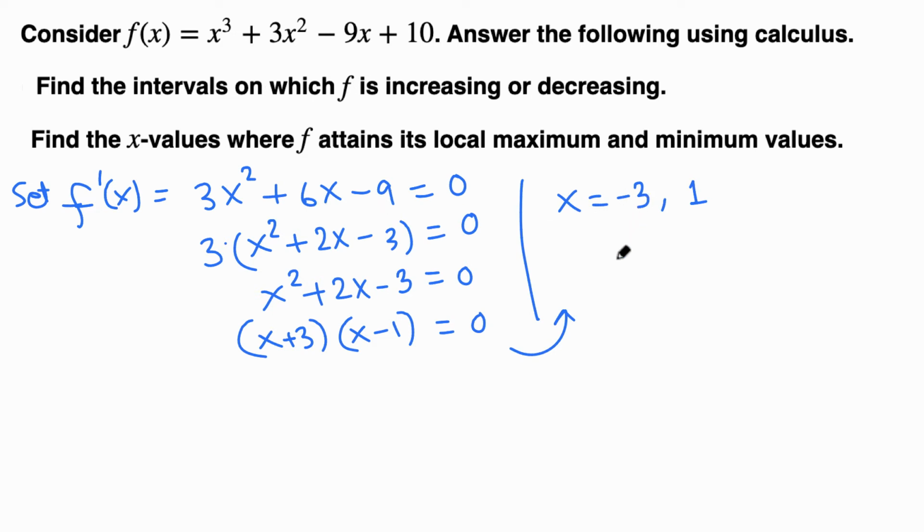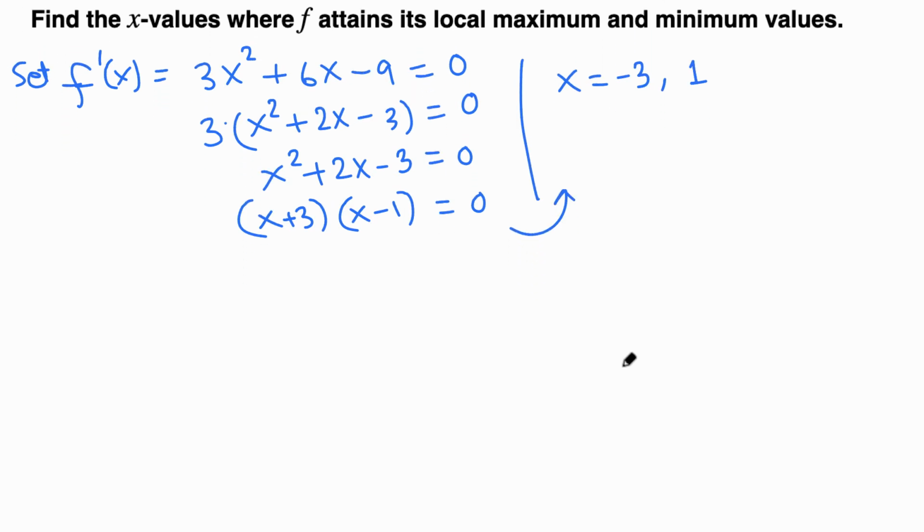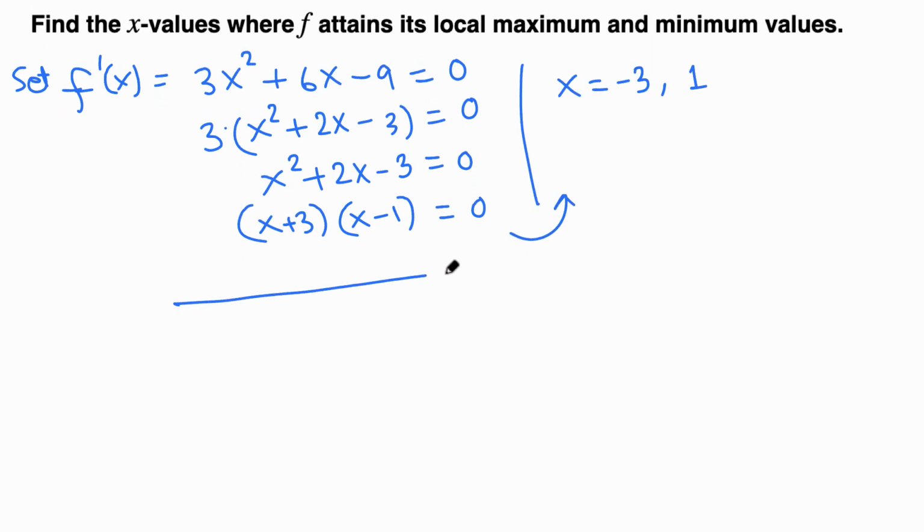Now we need to do a sign chart, or interval test. The domain of the function is all real numbers because we have a polynomial, and we have two critical numbers, negative 3 and 1.